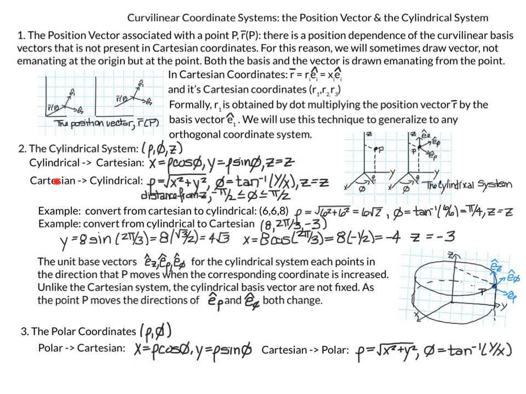To convert from Cartesian to cylindrical, rho equals the square root of x squared plus y squared. Phi is equal to the inverse tan of y over x, where phi goes between negative pi over 2 and pi over 2, and z equals z. All of these equations, you can derive by looking at the trigonometry.